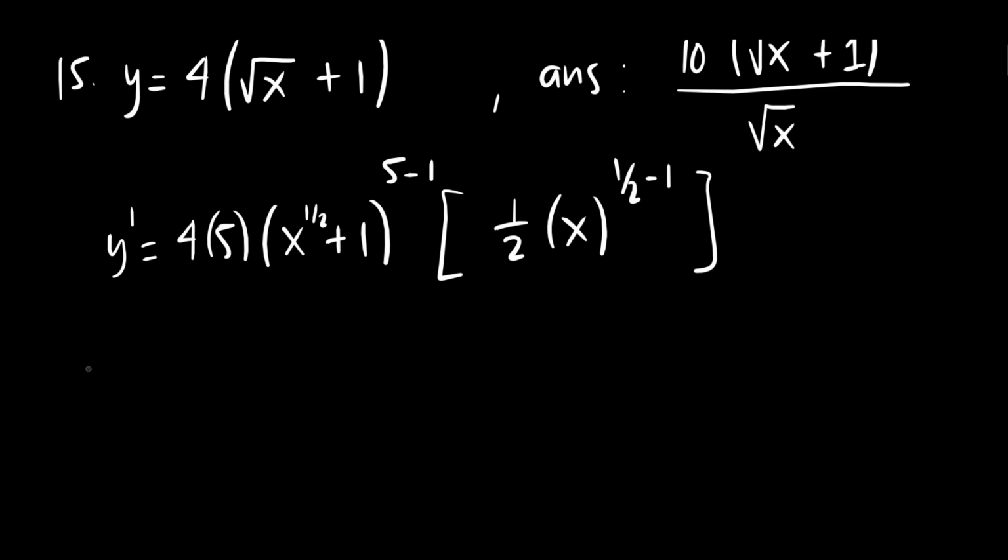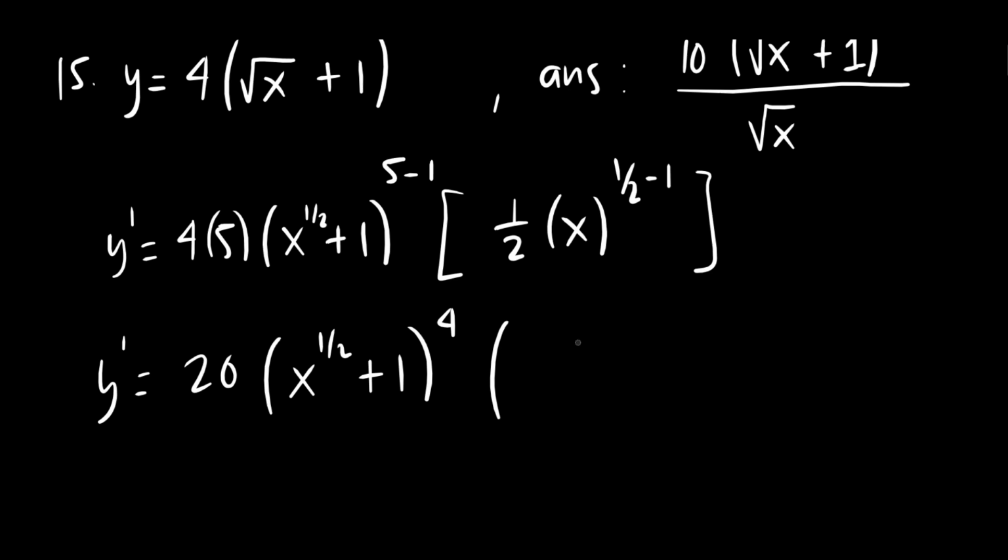So further simplification, we have y prime is just equal to 20 multiplied by (x raised to the power of 1/2 plus 1) raised to the power of 5 minus 1, which is 4, multiplied by 1/2 multiplied by x raised to the power of negative 1/2.